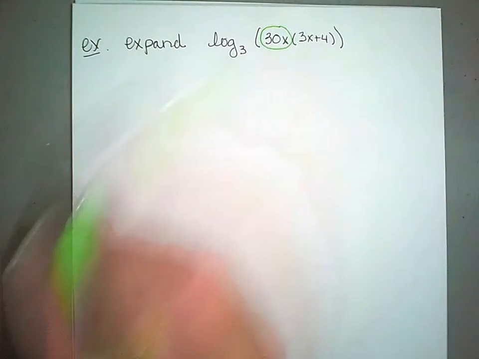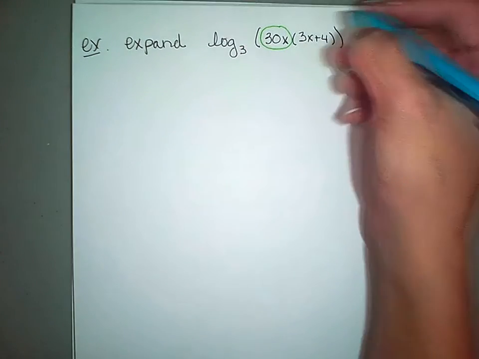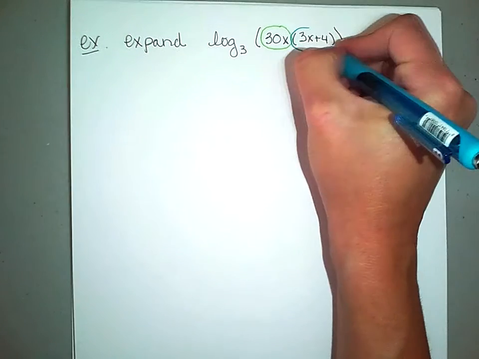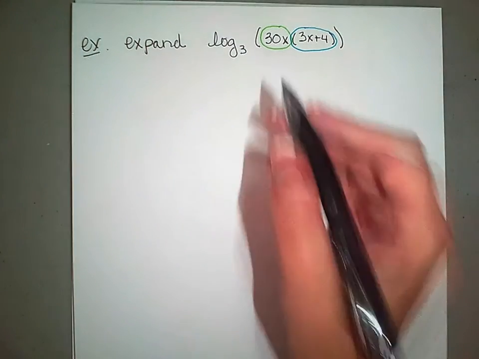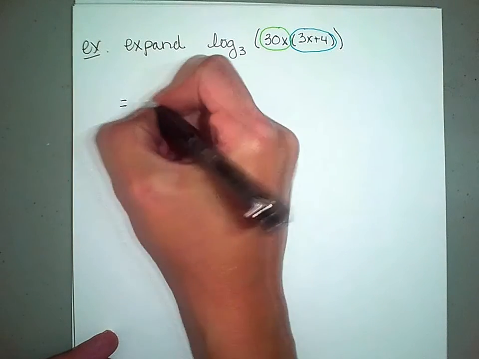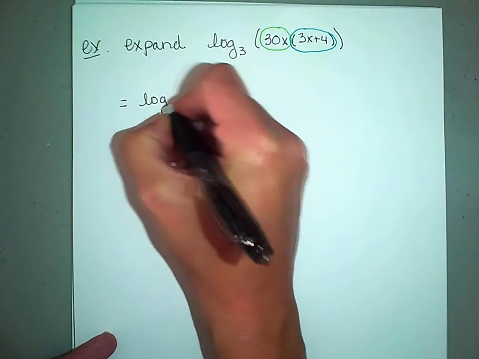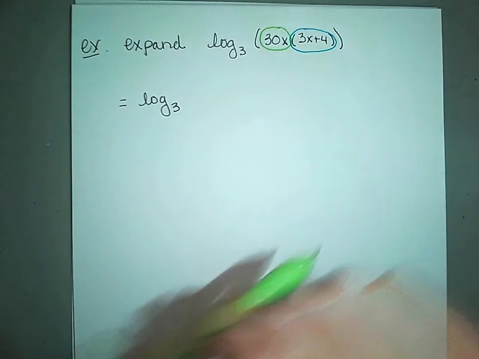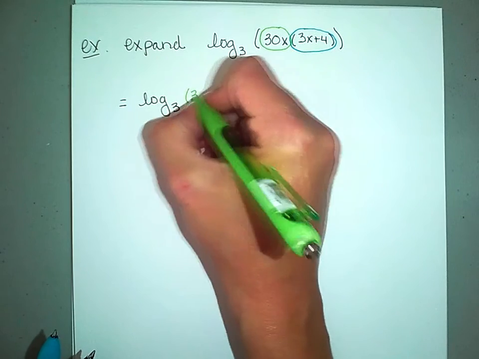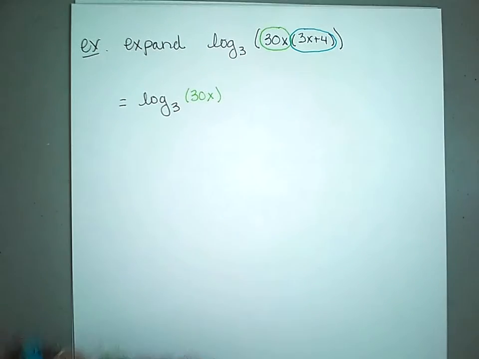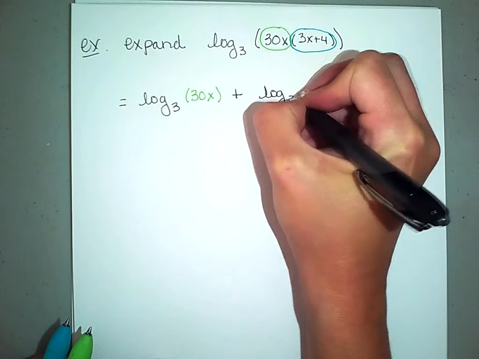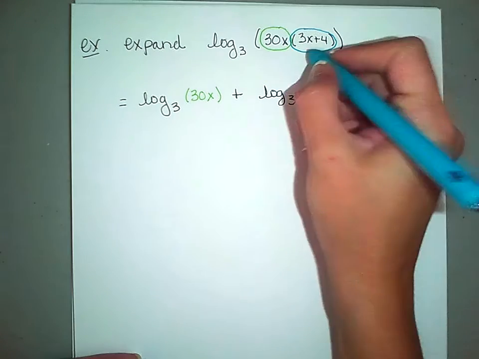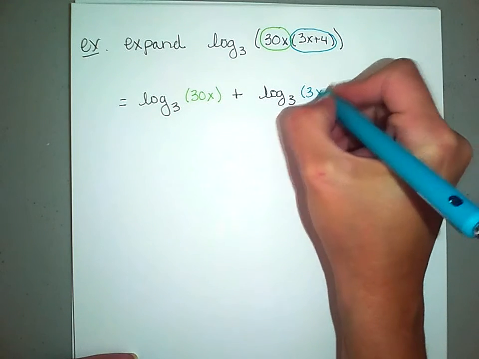Here I'm taking 30x and multiplying it by 3x plus 4. So since this is a product, I can use our rule to expand it. That would be the log base 3 of the first, which is 30x, plus the log base 3 of the second, which is 3x plus 4.